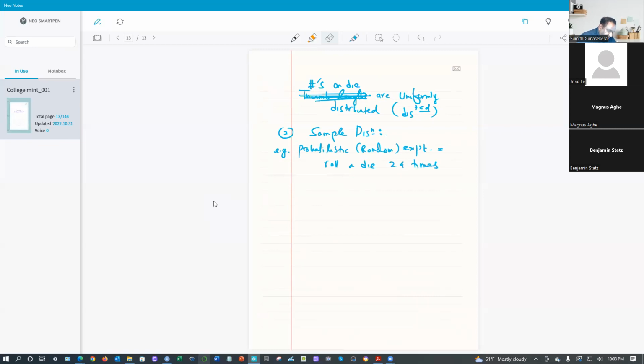If you draw a histogram for this, with 1, 2, 3, 4, 5, and 6, it's not going to look like the uniform distribution that we saw earlier. No, they differ. Sometimes it looks like this. This is the relative frequency, RF.